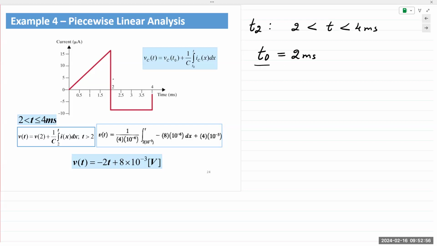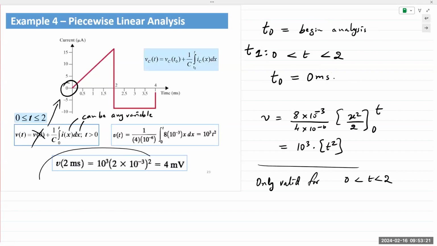Okay, so for this one, T0 is 2 milliseconds. So we need to find V0, the initial stored energy, which would be the voltage at T equals 2 milliseconds. And the equation for the voltage was given in the previous time period.